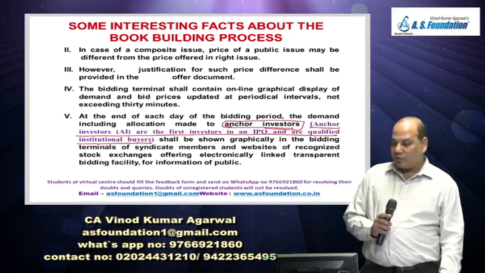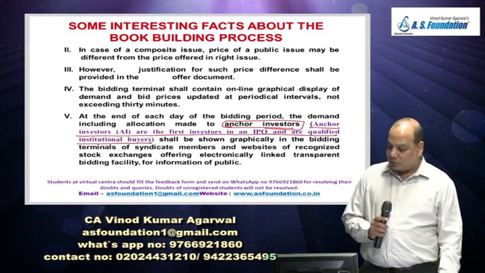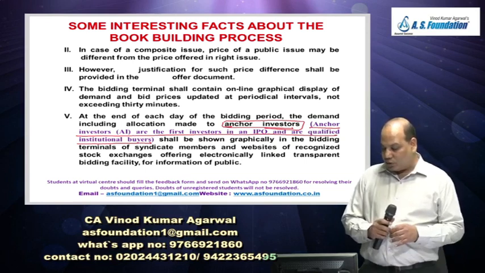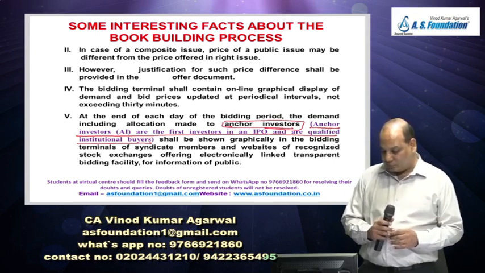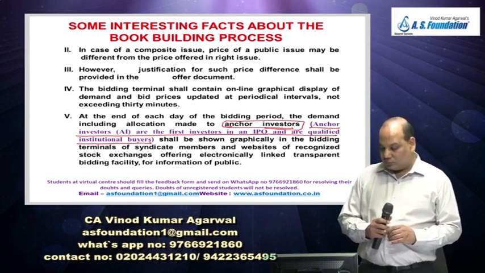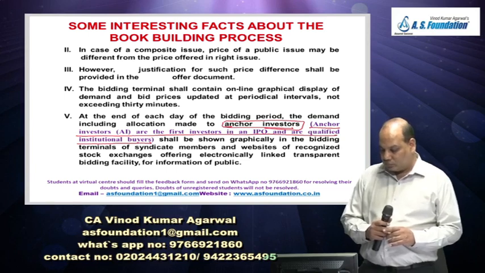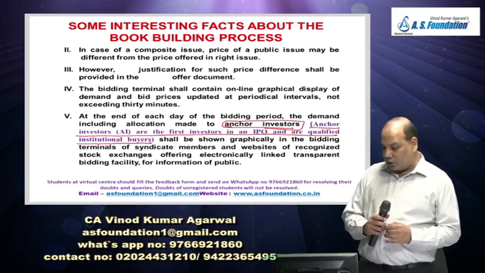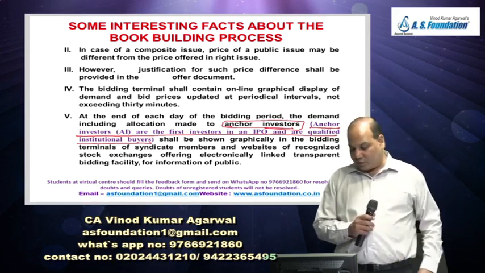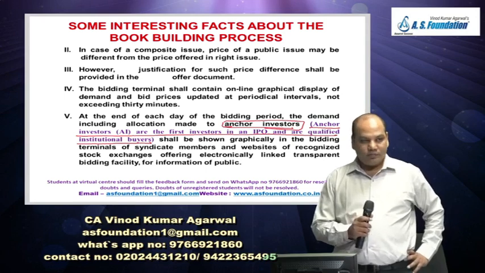At the end of each day of the bidding period, the demand including allocation made to anchor investors shall be shown graphically in the bidding terminals of syndicate members and websites of recognized stock exchanges, offering electronically linked transparent bidding facility for information of public.